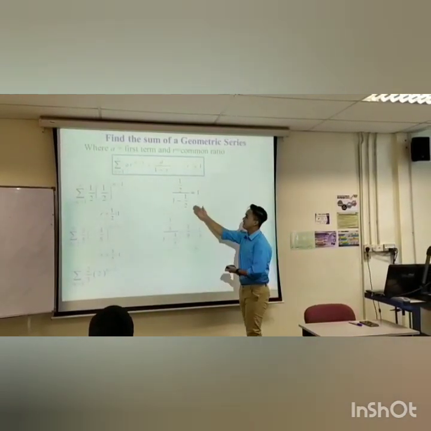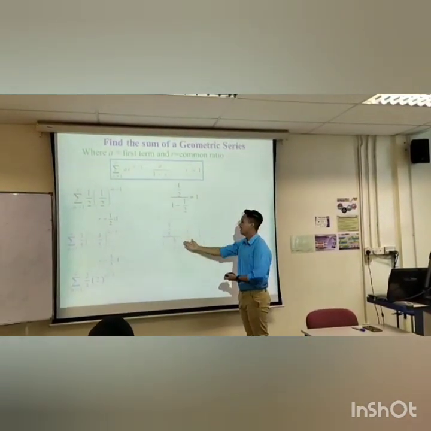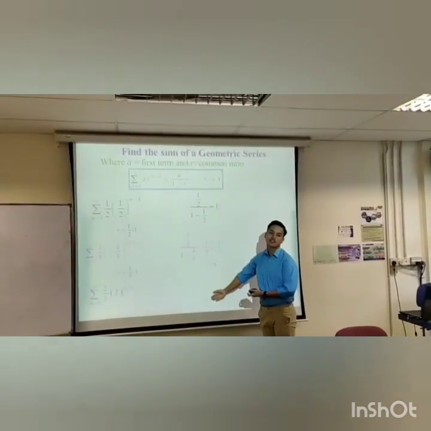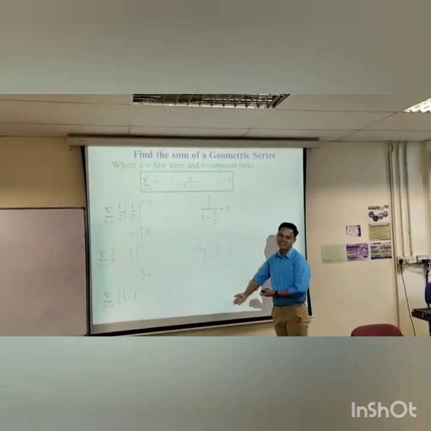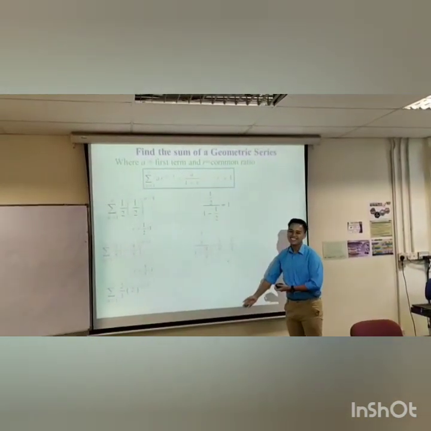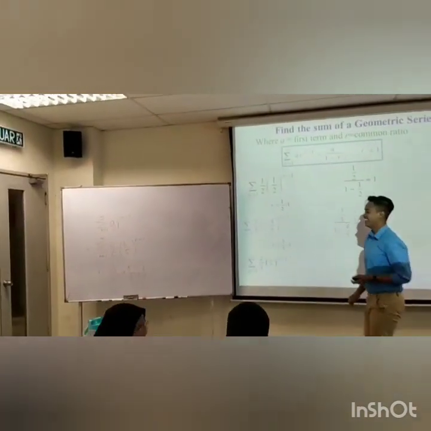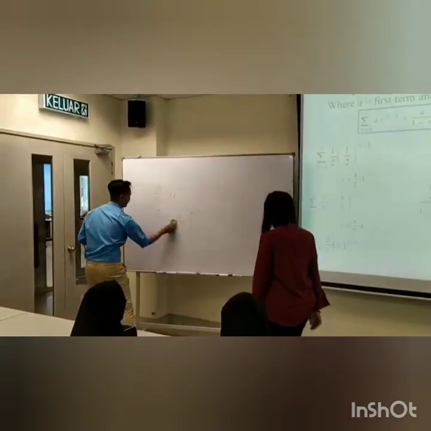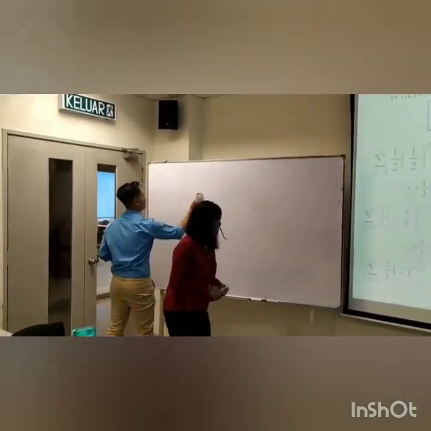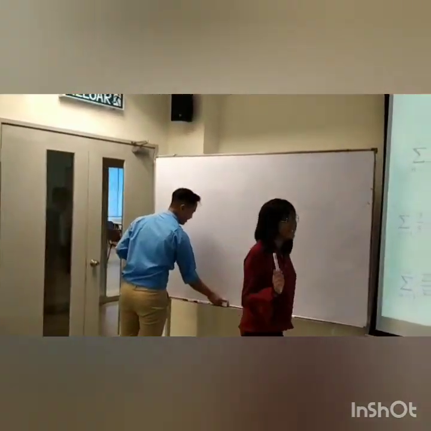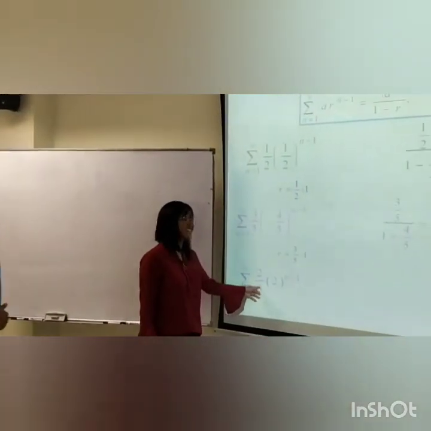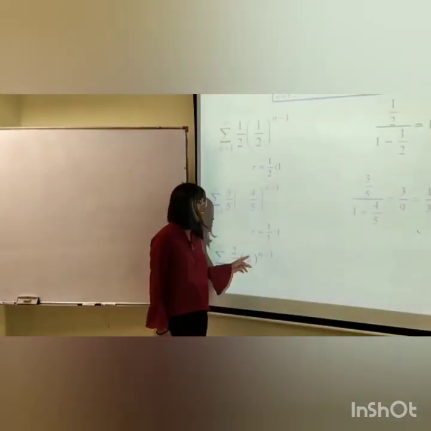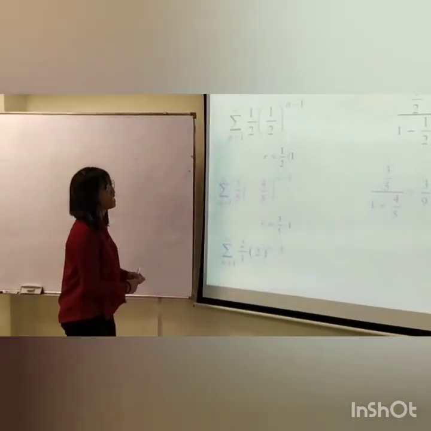So this is the example for that one, and this is the example for that one. Who wants to try the third one? Chelsea? Yes, I would like to try the third one. Firstly, we know that this is the value of a, and this is the value of the common ratio r.